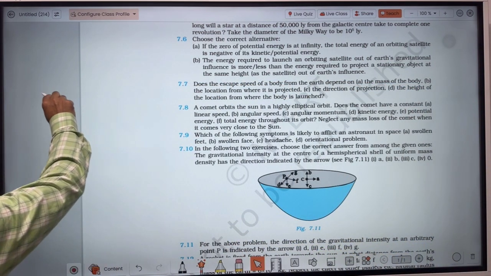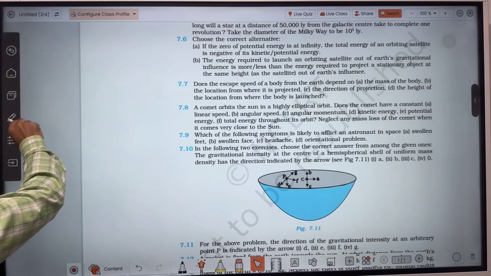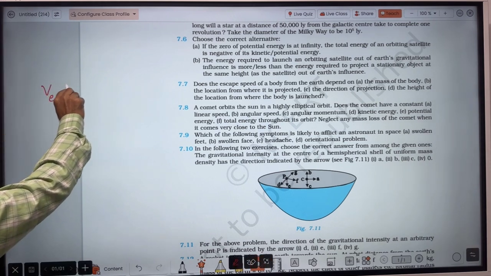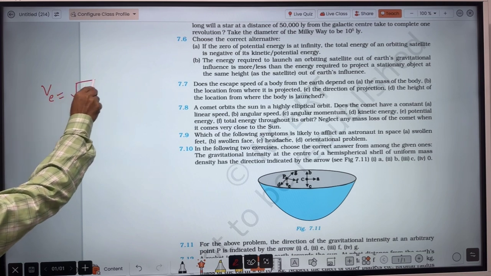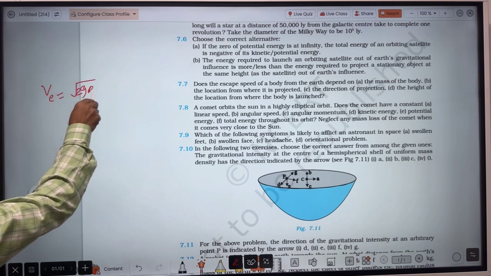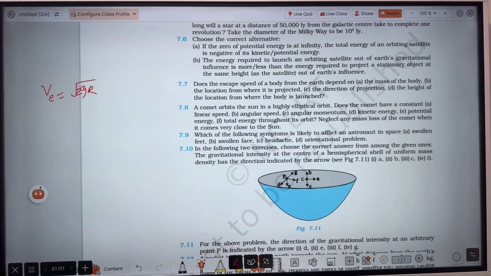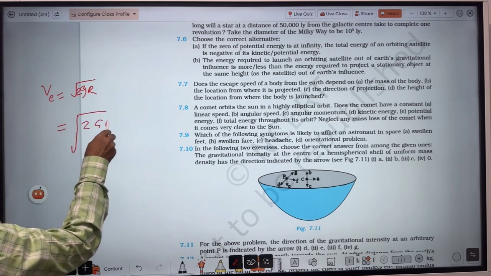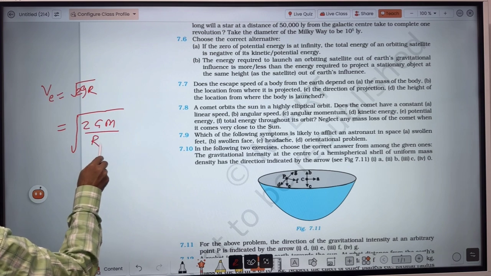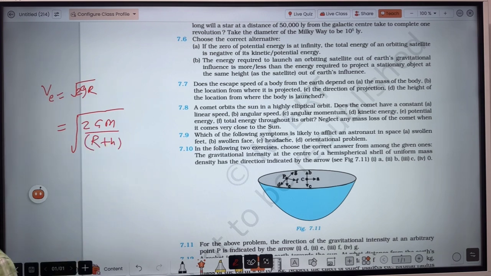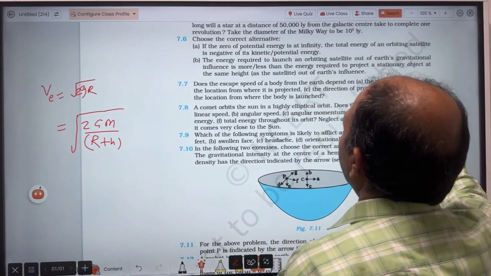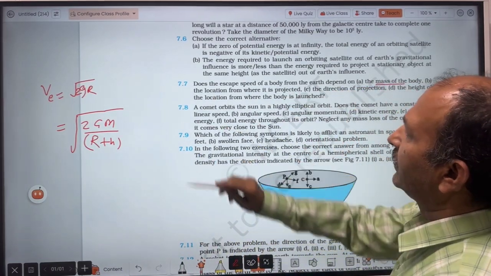So in the formula, V escape is either root 2gR, or in the original form, root of 2GM divided by (R plus h). What do you observe here? The mass of the body is not there.